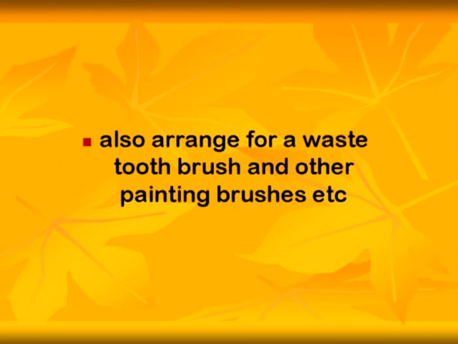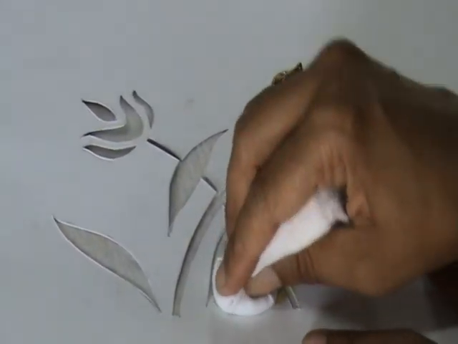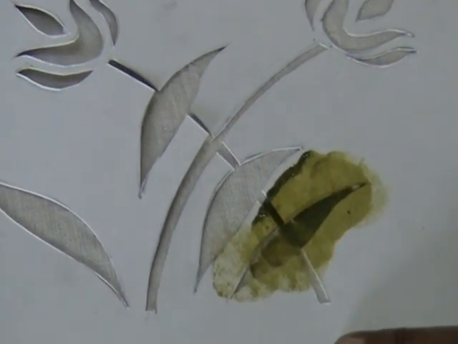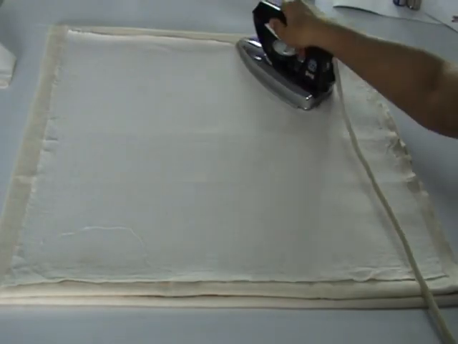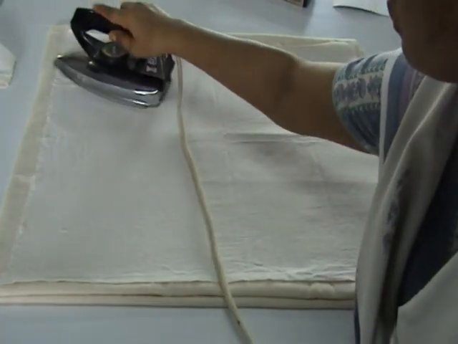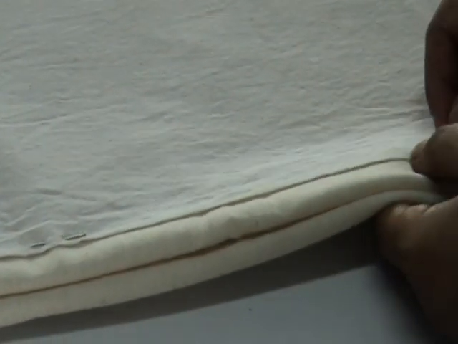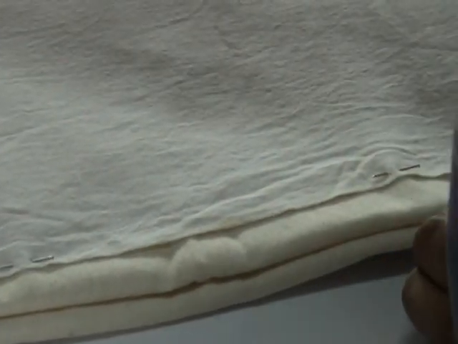After you have done this and taken a little break, let us start with how you are going to do printing by dabbing. To start with, the washed and ironed fabric is placed on a rigid support in a tight, stretched state and secured in this position with the help of pins.